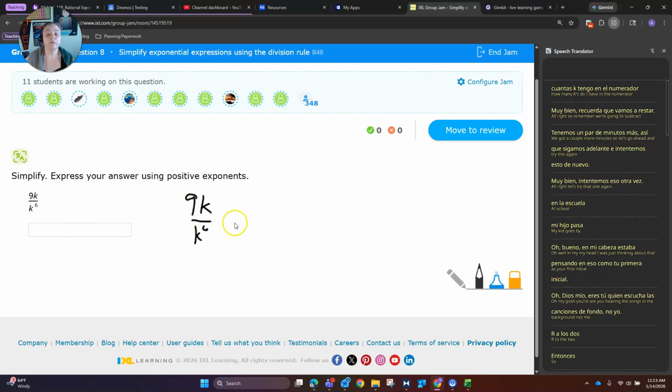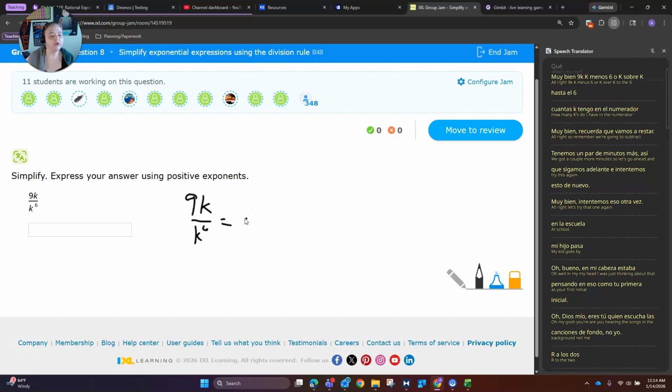Hmm. All right, 9k over k to the 6. So what do you think? What's my coefficient going to be? What's the number in the front?